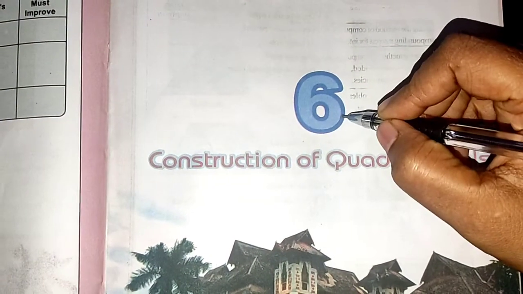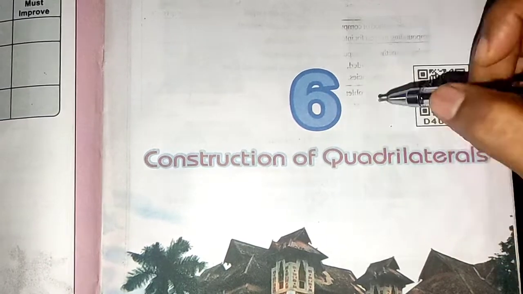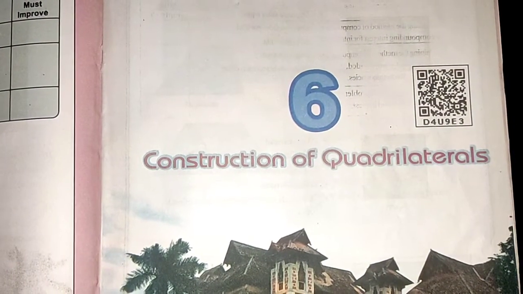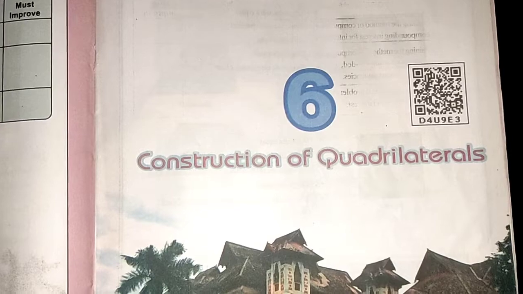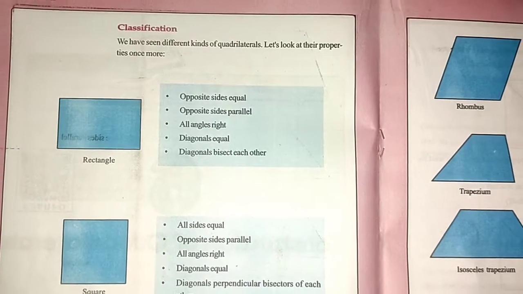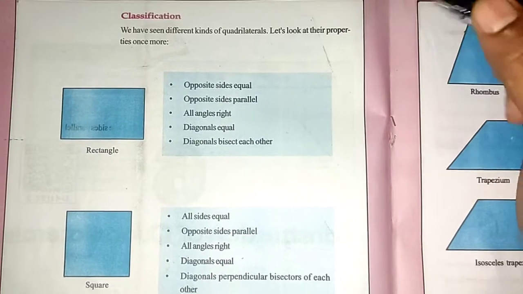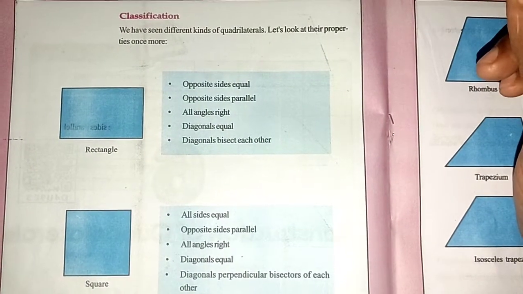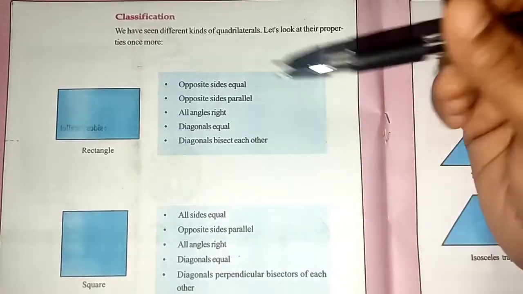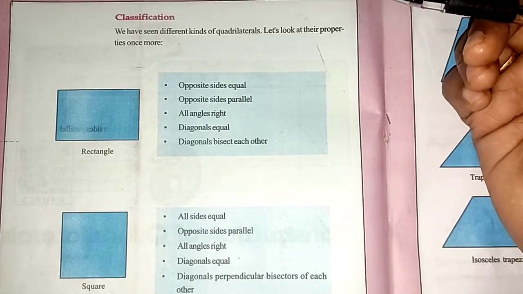Today we are going to take our new lesson, that is the sixth lesson, construction of quadrilaterals. What are quadrilaterals? From the chapter polygons we know that a four-sided closed figure is called a quadrilateral.